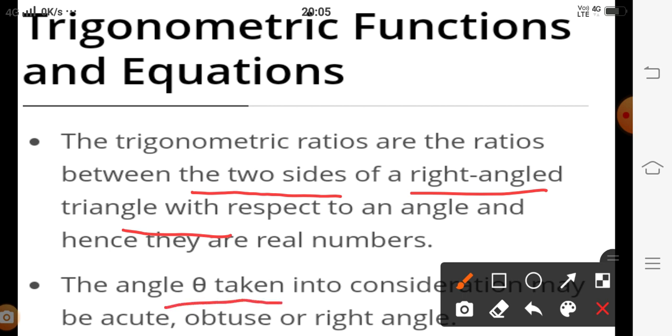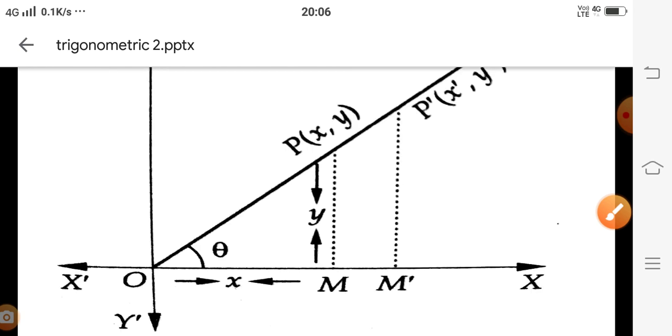The angle theta taken into consideration may be acute, obtuse or right angle. In class 10th we have done the concept which is based on the right angle triangle. Here we are using the concept of acute, obtuse or right angle triangle, these kinds of triangles.